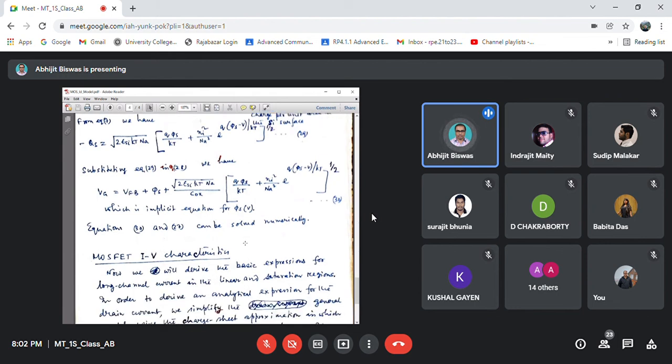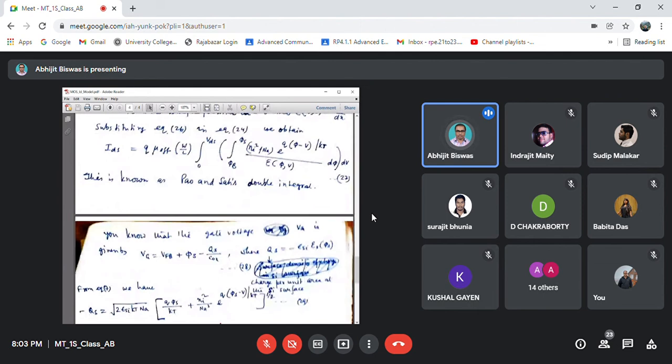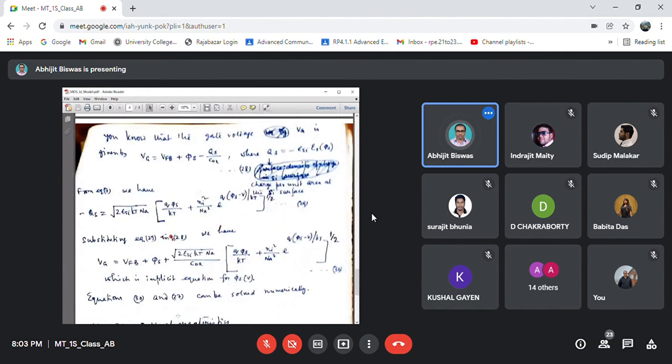So it is an implicit equation for phi s. This equation number 30 and equation number 27 are coupled together. Here you see the expression of phi s. Carefully observe: Vg is known, Vfb is known, but phi s you have to calculate.